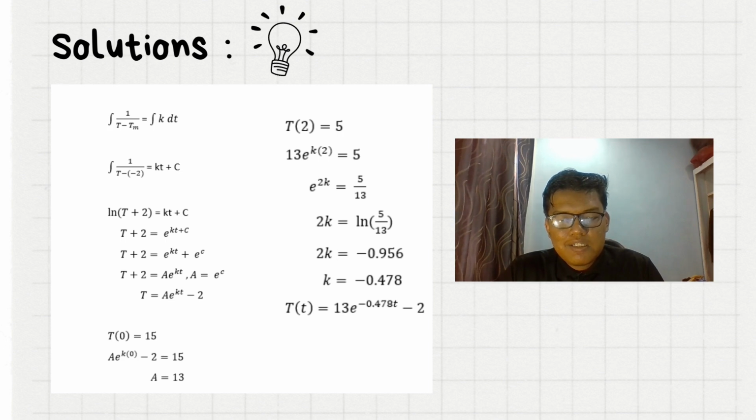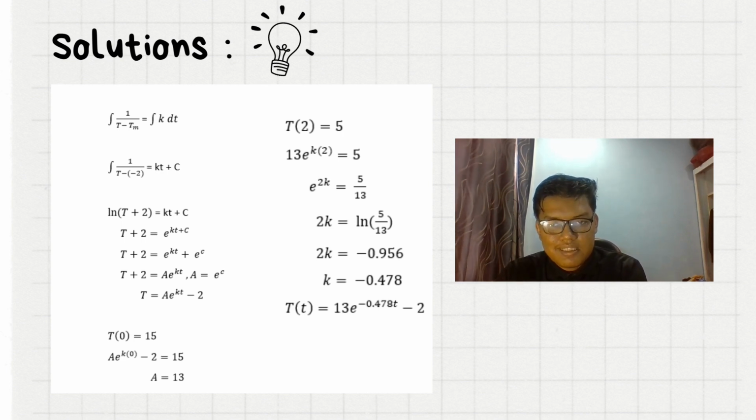And then for the initial problem, T2 equals 5, so we put into the equation, A changed to 17, and then 17 e^(2k) equals 5. 17 we move to the right side, e^(2k) equals 5 over 17, the exponent we move to the right side too, 2k equals ln 5 over 17, and then 2k equals -0.956, and divided by 2 we get k equals -0.478.